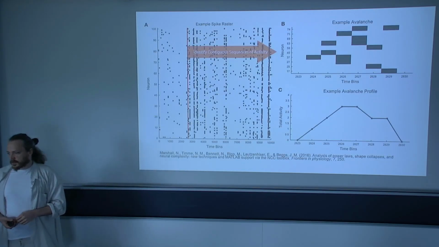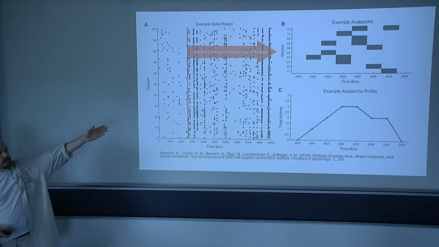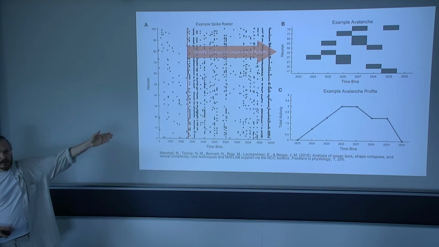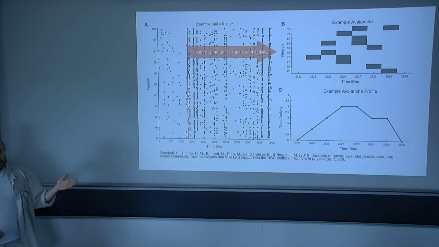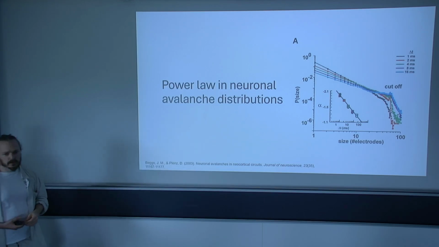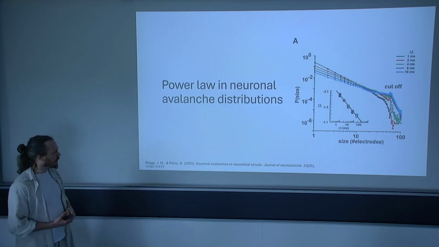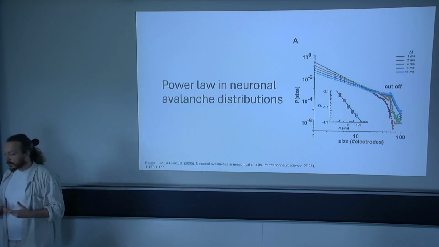Basically, we measure the spikes coming out of the electrodes, and we bin them, and we look for continuous sequences of bins with activity, which is what an avalanche is. These should then have a power law distribution both in time and in size. And early work in this did find power law distributions in biological neurons. So we know it's possible.